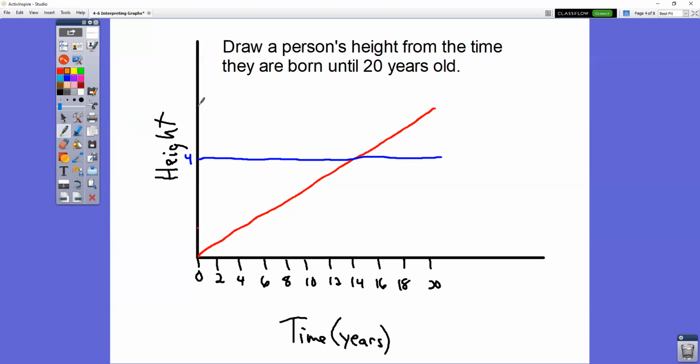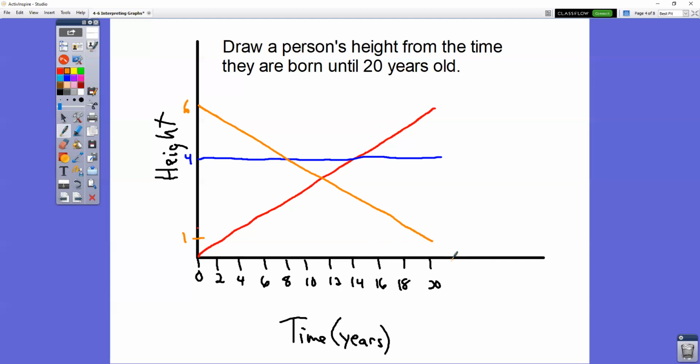Think about this orange graph. Would this orange graph make any sense? Absolutely not. Let's say that this is where 6 foot tall is. Would a person be born 6 feet tall and constantly shrink their whole entire life until they end up, let's say that this is where 1 foot is, with 1 foot tall?